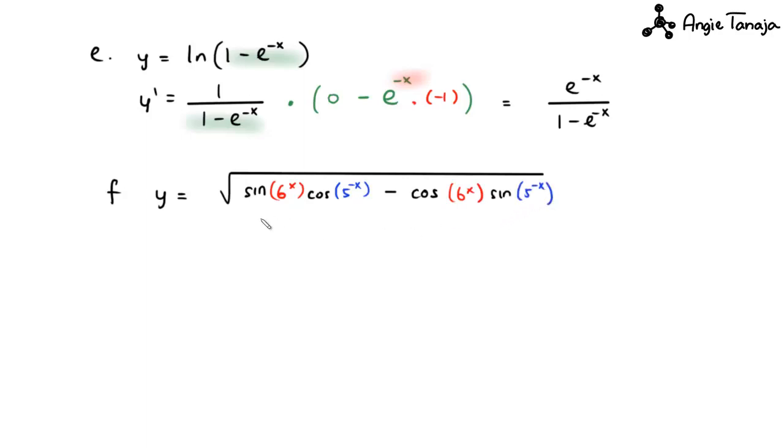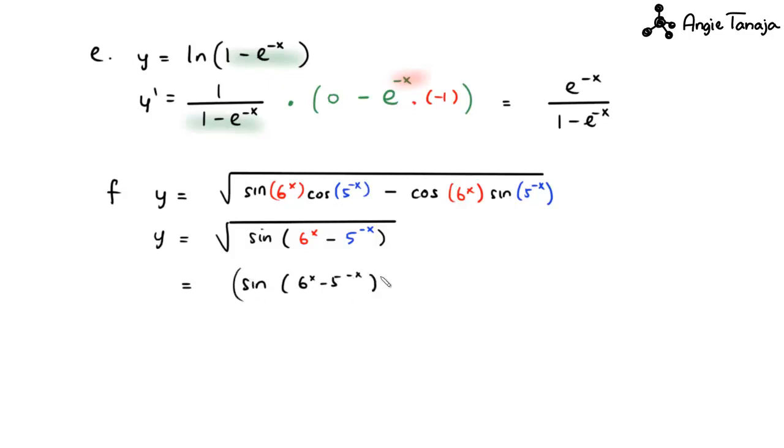According to the subtraction or addition angle rule, it simply becomes the subtraction of sine. So it's just like sine of 6 to the x minus 5 to the negative x. If I rewrite this, it will be sine of 6x minus 5 negative x, all to the power of half.